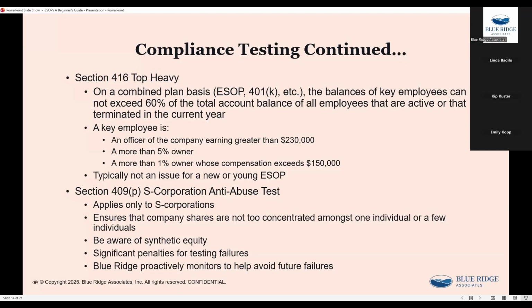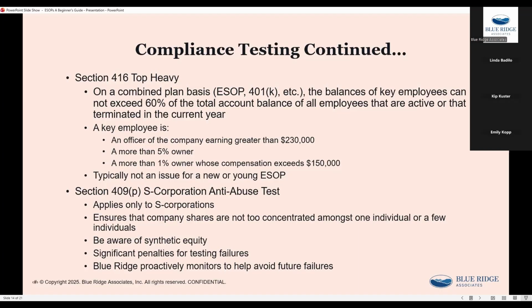Now, the most important test that hopefully you've heard about, if you're an S corporation. If you're a C corporation, this test does not apply to you, so you don't have to worry about the S Corp anti-abuse test. But for S corporations, this test is very important. Due to the tax benefits of an S corporation ESOP, the IRS has put additional rules into the code to prevent companies abusing the tax law for ESOPs.